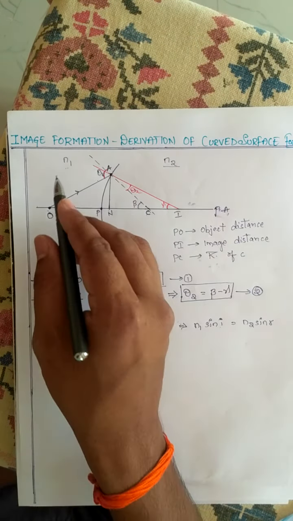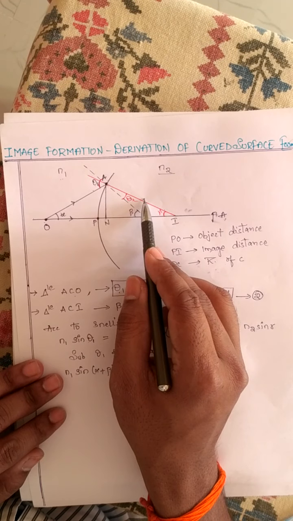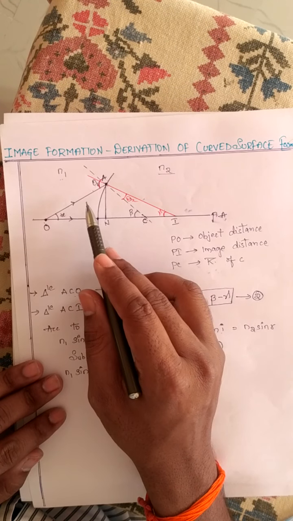So these light rays which are extremely close to this principal axis are said to be paraxial rays. Due to their close proximity to the principal axis, the angles made by the rays, alpha, beta, gamma, are extremely small.